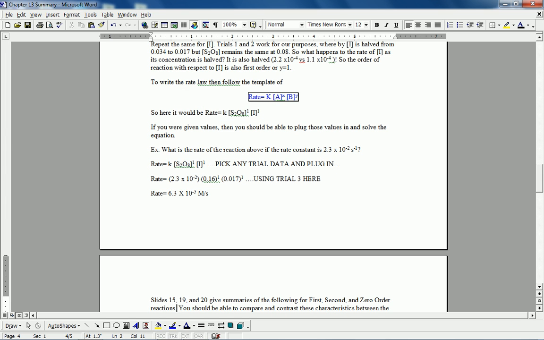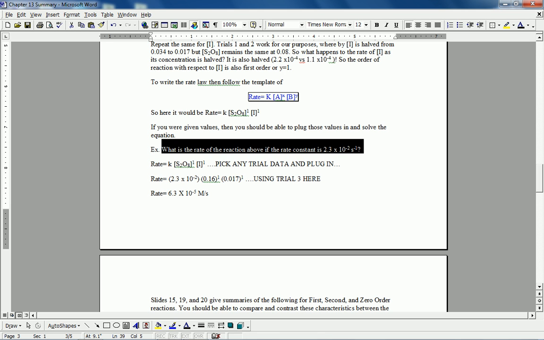Here's the trial. I used trial number 3 in this particular example. I plugged in the value of K that I solved for, the value for the concentration of S2O8, and the value for I minus as a reactant, all to the 1 power, of course, since that was their order. I was given the K, because if you had solved this problem above, you would have gotten 2.3 times 10 to the negative 2, and of course it was given here in the problem.